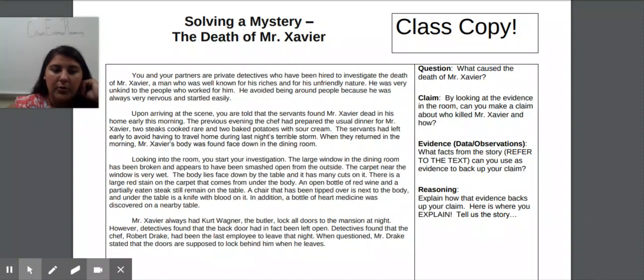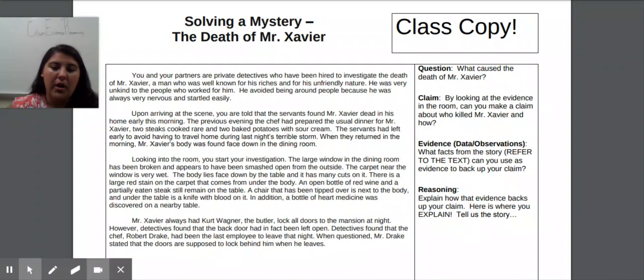The carpet near the window is very wet. The body lies face down by the table and has many cuts on it. There is a large red stain on the carpet that comes from under the body. An open bottle of red wine and a partially eaten steak still remain on the table. A chair has been tipped over, is next to the body, and under the table is a knife with blood on it.